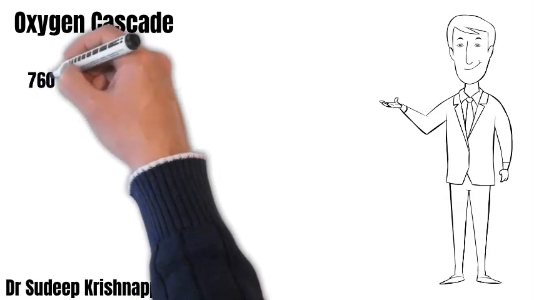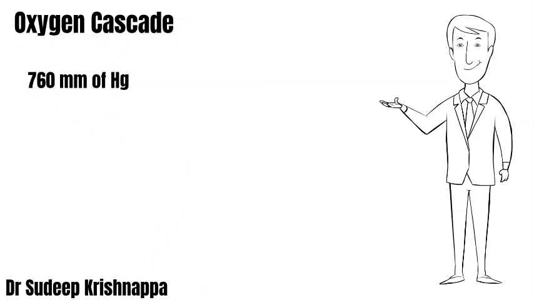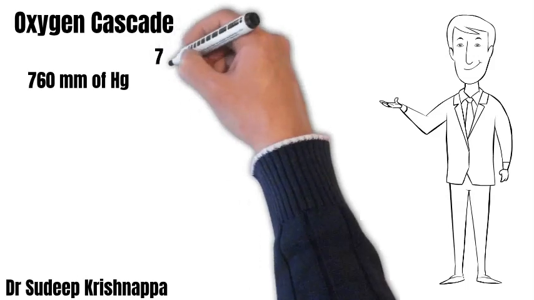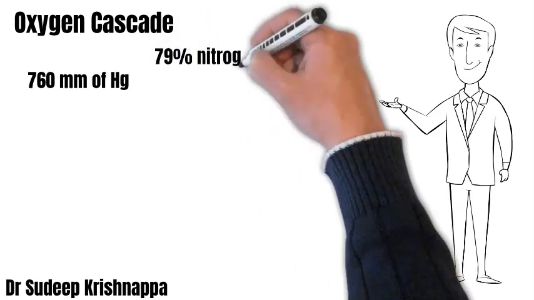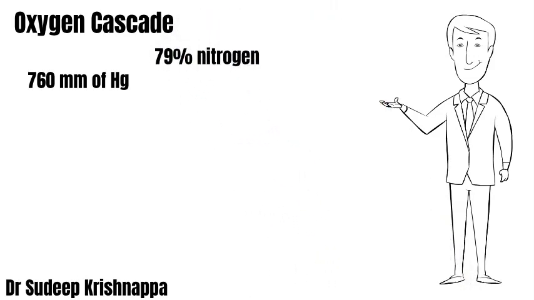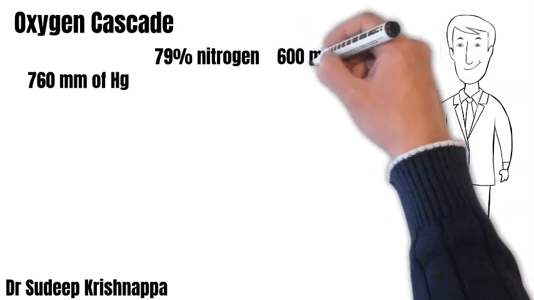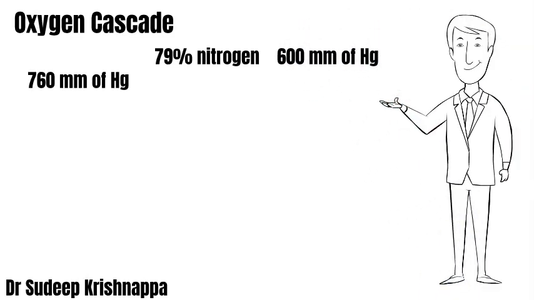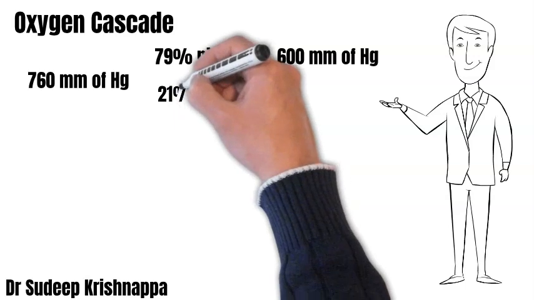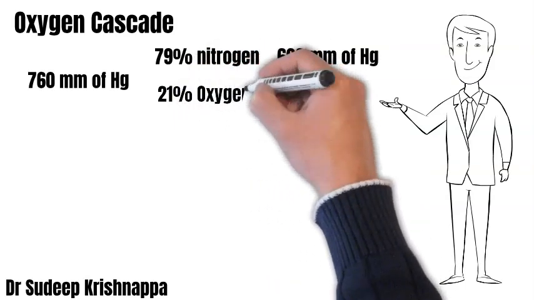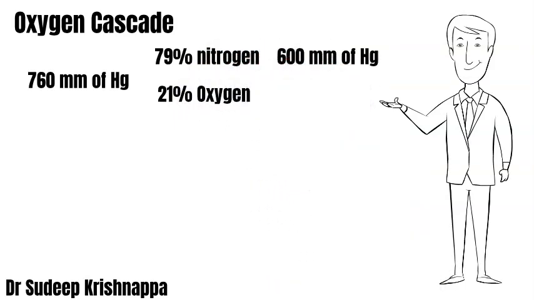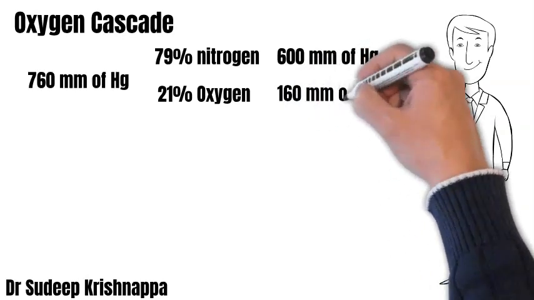The atmospheric pressure at sea level is about 760 millimeters of mercury. Now, because nitrogen constitutes about 79% and oxygen 21%, they also contribute a similar proportion to the total pressure, thereby contributing about 600 and 160 millimeters of mercury, respectively.